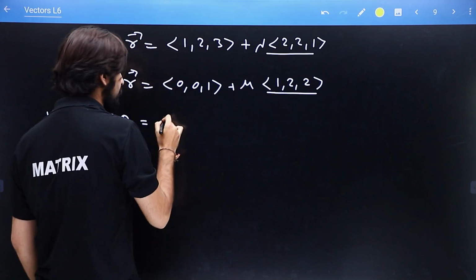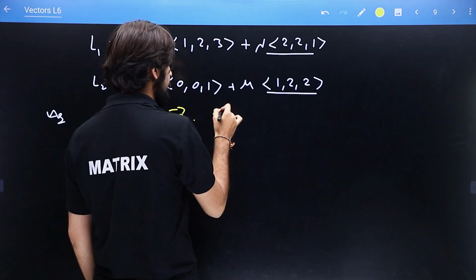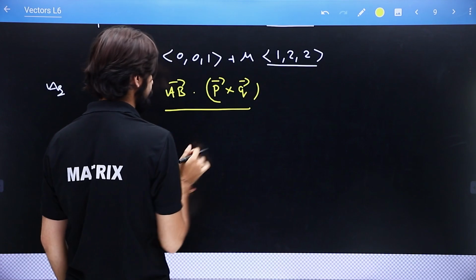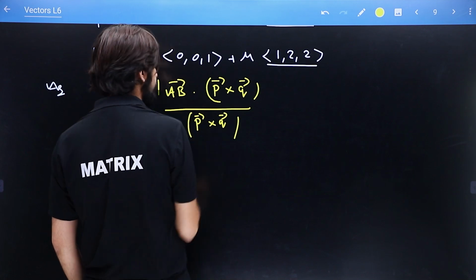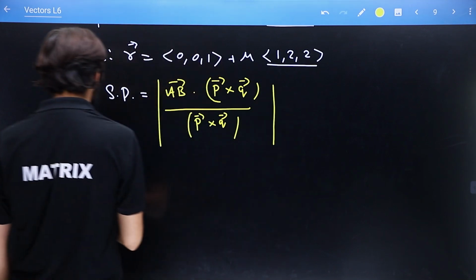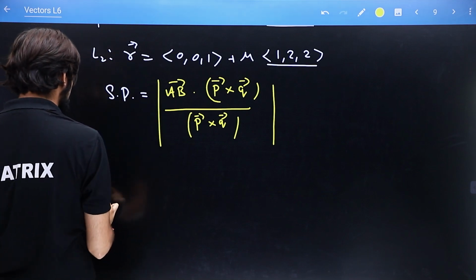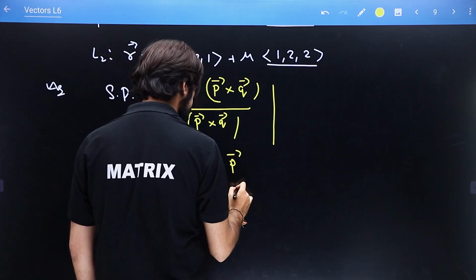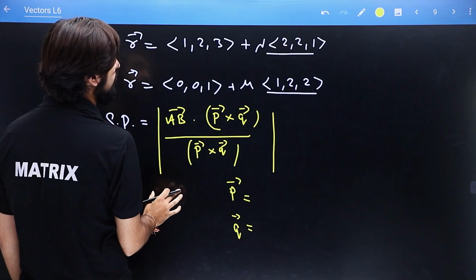First we will write the formula. That will be AB vector dot P cross Q, divided by the mod of P cross Q, and complete mod. So first write vector A, vector B, vector P, and vector Q. Vector A will be 1, 2, 3.